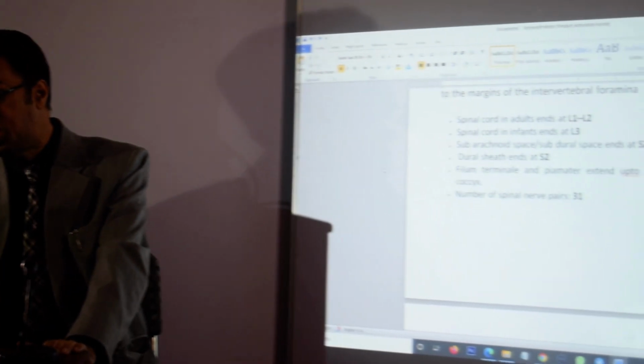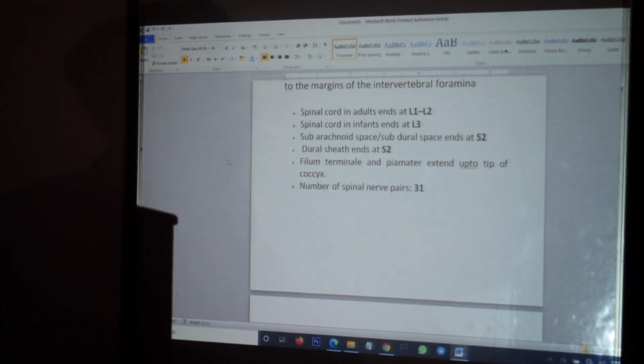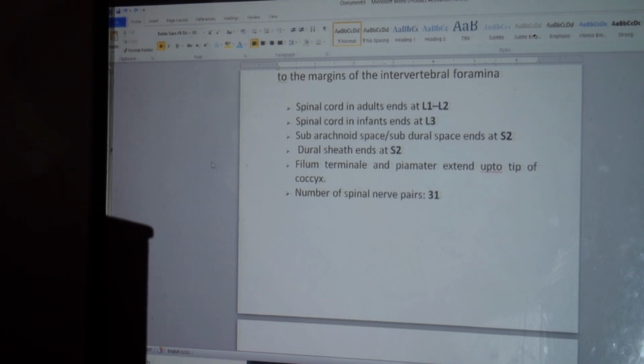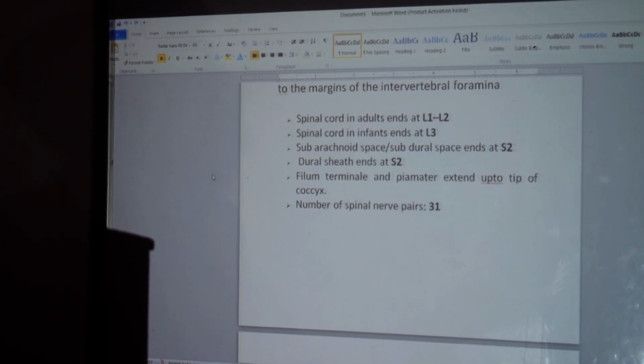So the spinal meninges are also attached with the cord, and the termination of the spinal meninges is different from where the cord terminates. In adults, as I mentioned, the cord terminates at the level of L1, but you can see on the board that the dural sheath and the subarachnoid space both end at S2. They do not end at L1.